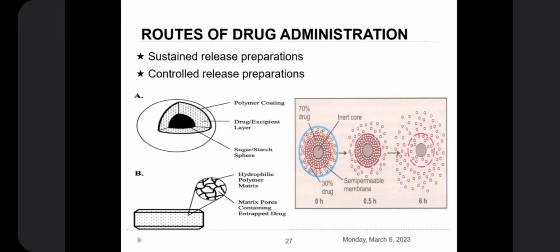When the drug enters the circulation, it will release very slowly and keep the drug concentration in the blood very steady. For diseases like hypertension and some central nervous system diseases, we need the drug to keep steady levels to help the function stay steady. So we use these two special preparations: sustained release and controlled release preparations.